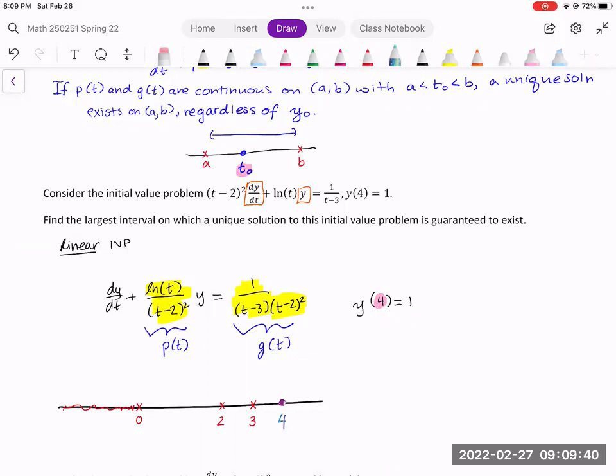Our y value doesn't matter at all. We can completely ignore the y value entirely. And if we look and we see where is continuity guaranteed that contains this t value of 4, we see that we go from 3 all the way up. And so we have a unique solution exists on 3 to infinity.